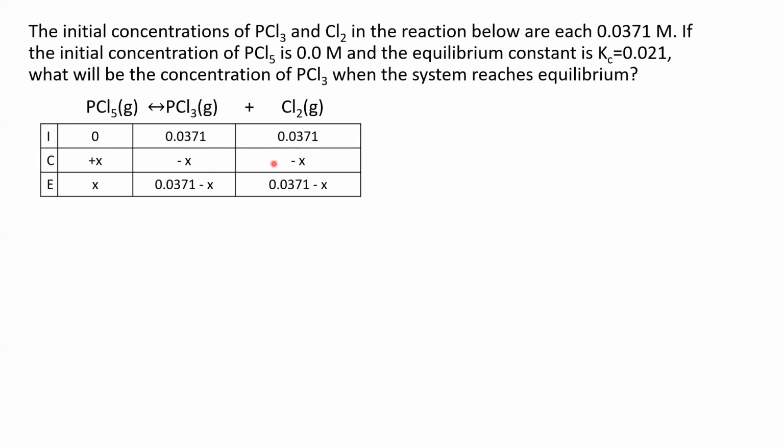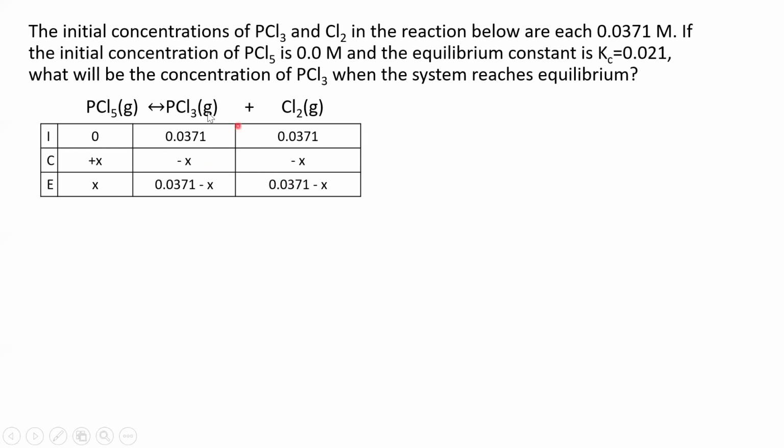So minus X, and plus X. So at equilibrium, 0 plus X, so we've got X amount of PCl5 at equilibrium, and 0.0371 minus X for both the phosphorus trichloride and the chlorine.